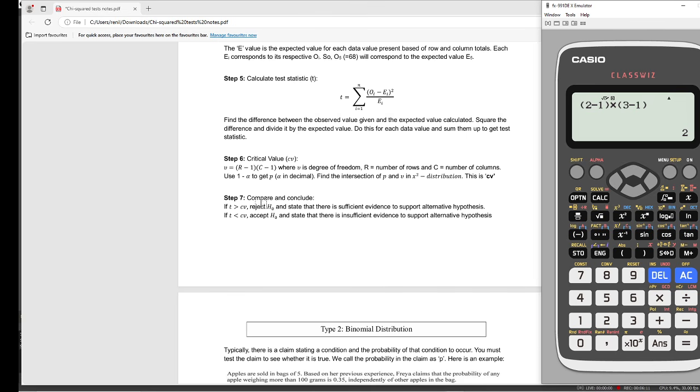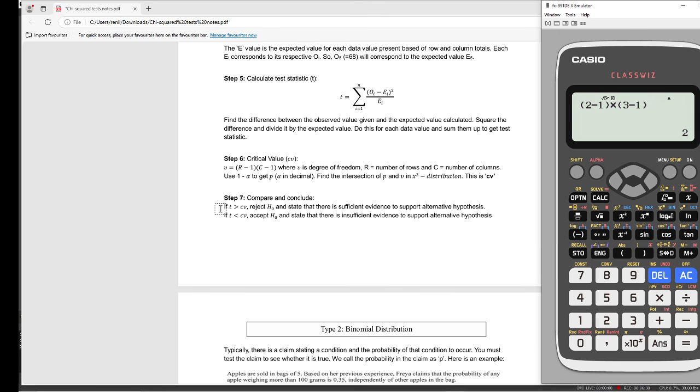And the final step would be to compare and conclude, whether the test statistic is greater or lesser than the critical value. Once you've calculated the test statistic, we compare it with the critical value you've retrieved over here, and using these two values we see whether we should accept or reject H null.